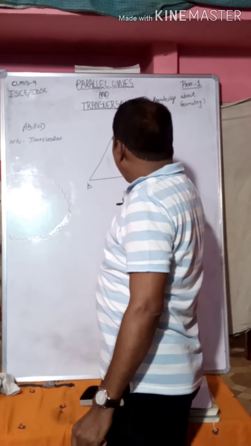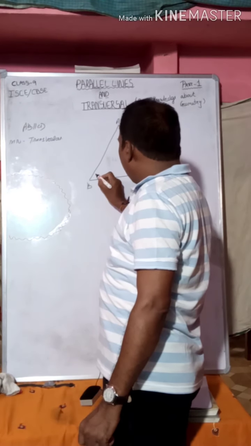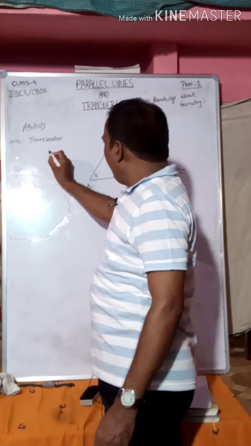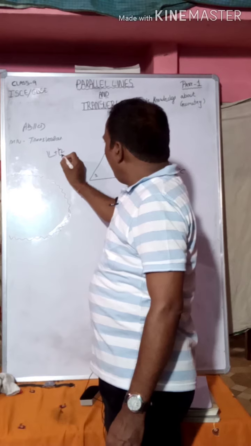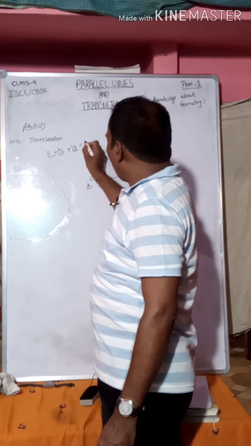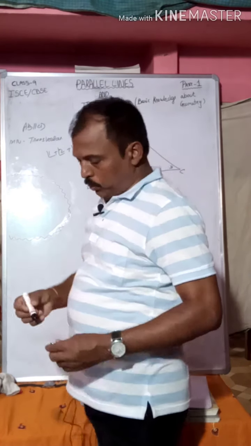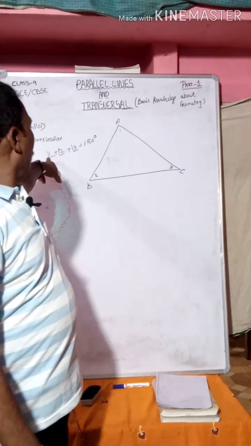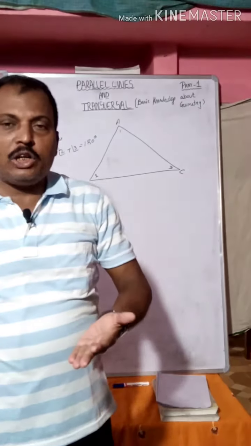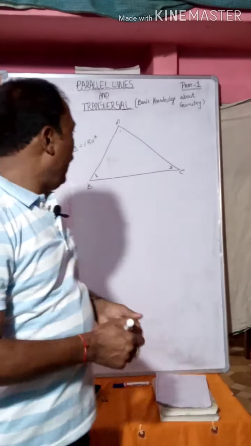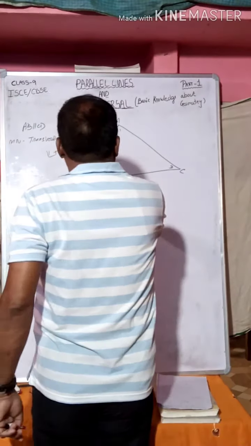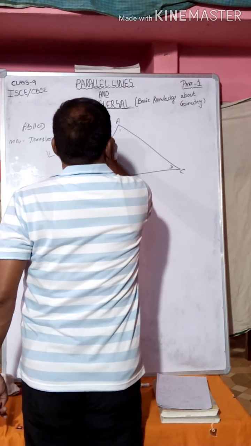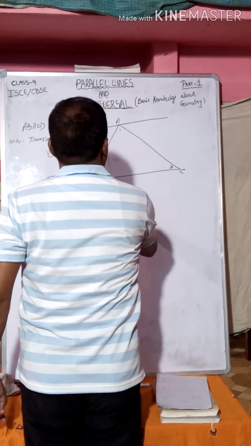Suppose angle A is called angle 1, this is angle 2, this is angle 3. Angle 1 plus angle 2 plus angle 3 is equal to 180 degrees. How can we prove it? Now take a parallel line through the point A, parallel to BC.